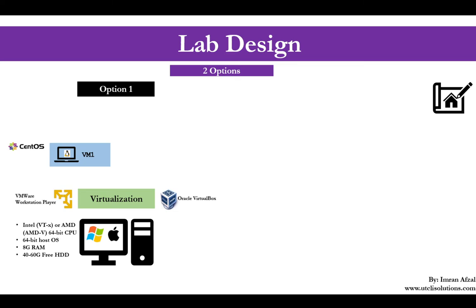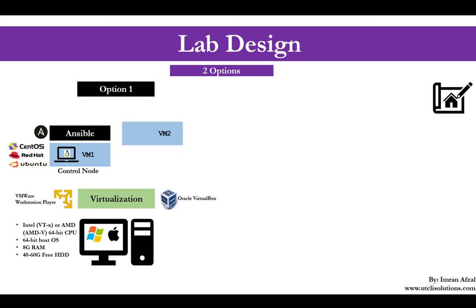That Linux operating system could either be CentOS, or Red Hat, or Ubuntu. Ansible can be installed and run on any of these operating systems. We will install Ansible engine or Ansible software on this operating system, and that virtual machine or virtual computer will become our control node. Any Ansible engine which controls the remote clients or other clients is known as control node.